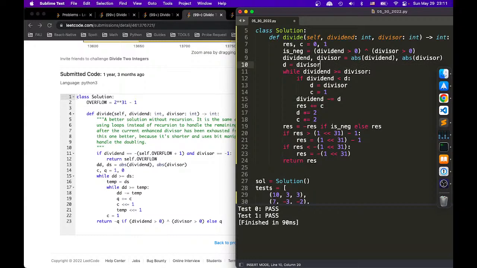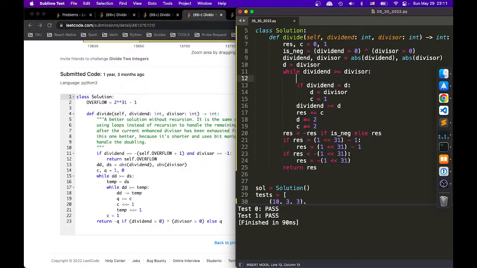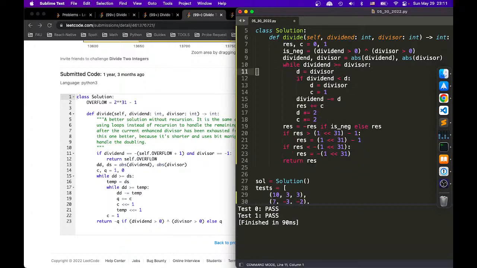This and this, we can put it inside, right? Well, dividend larger than divisor, and we say d equals divisor inside. So we can remove this line.